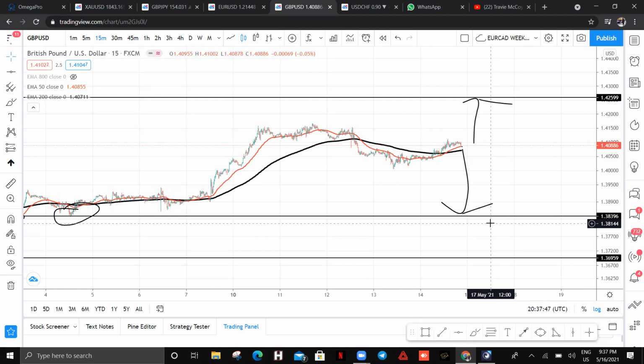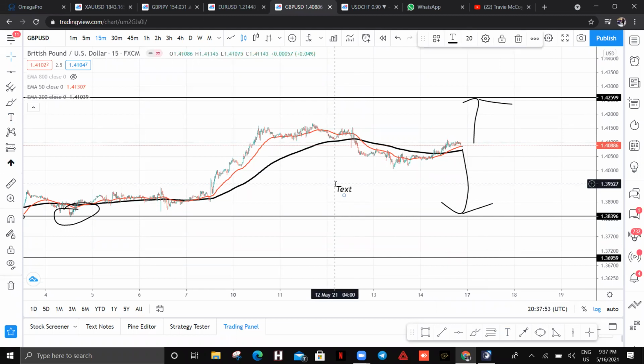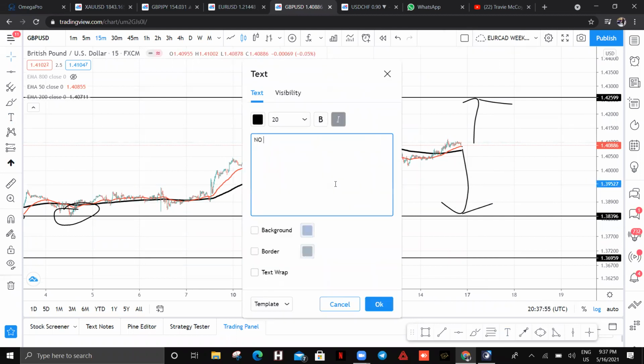So why do we do that? All you need to do is wait. There is no opportunity here, for me. But the trend is bullish.